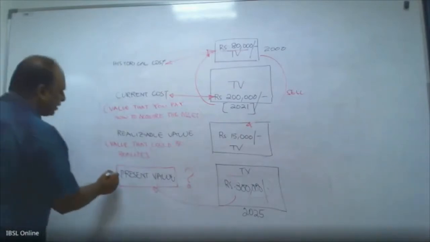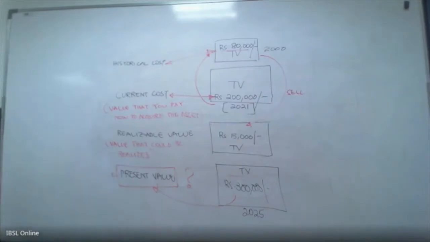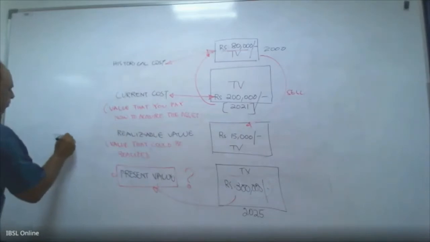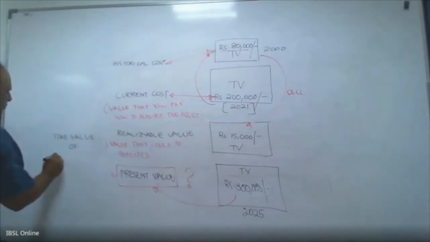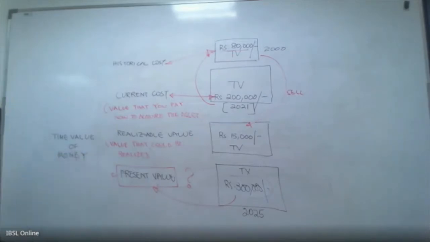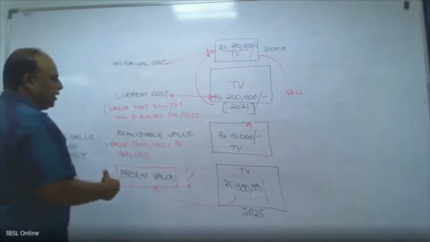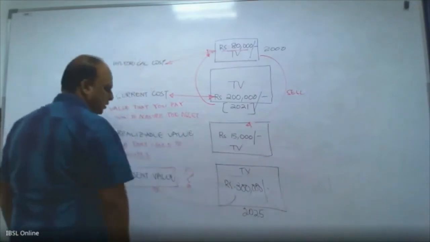Therefore, the concept of present value is known as the time value of money. That is what present value is. So present value is, I am expecting to get 300,000 after 5 years or 4 years.